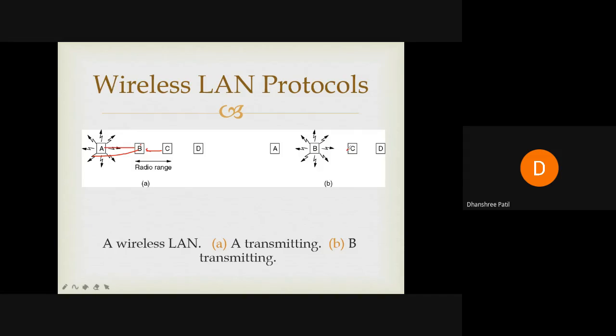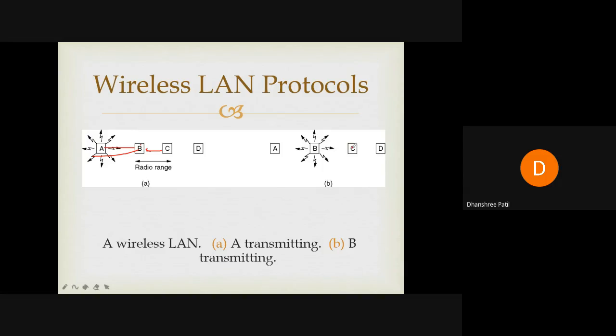so C will understand this communication, right? Now once C concludes that B is busy with some other station, C also concludes that my next neighbor will also be busy with some other station. माझा हा नेबर बी आहे and that is busy with some other station, so maybe D is also busy with some other station.